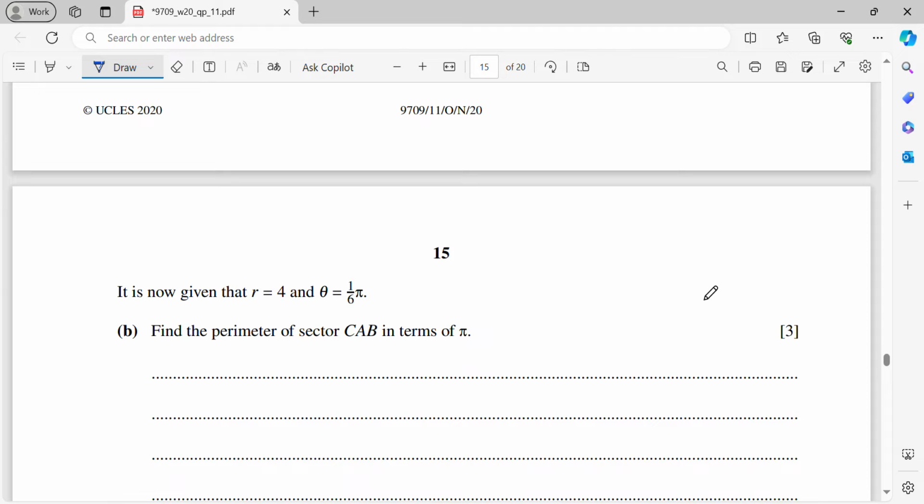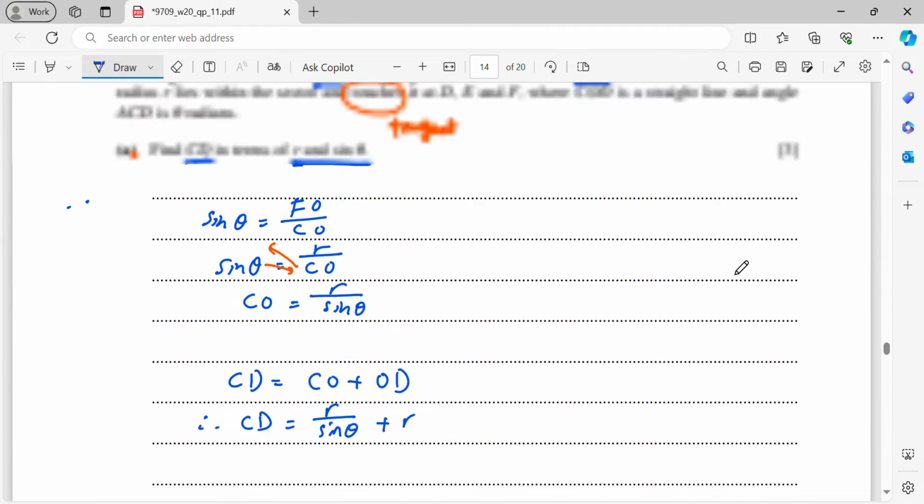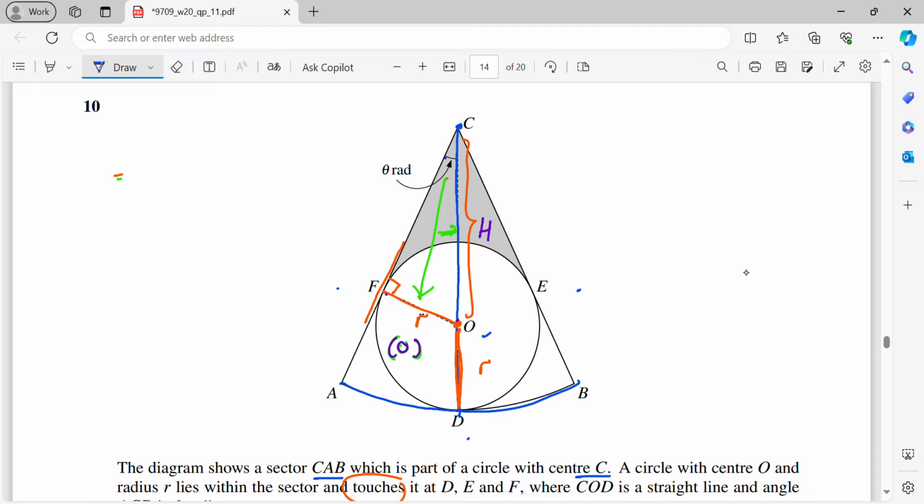Okay, now the next part: given that R is 4, theta is pi over 6, find the perimeter of sector CAB in terms of pi. So now you need to find the perimeter of sector CAB, so this whole length. That means you need to find CA plus CB plus the arc length of the sector ADB.